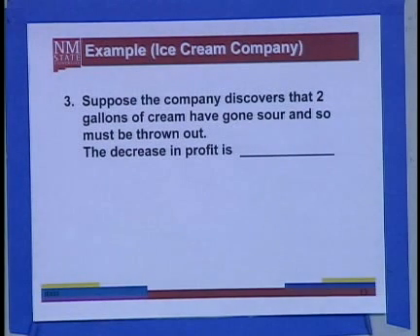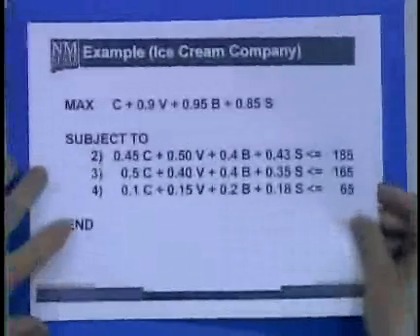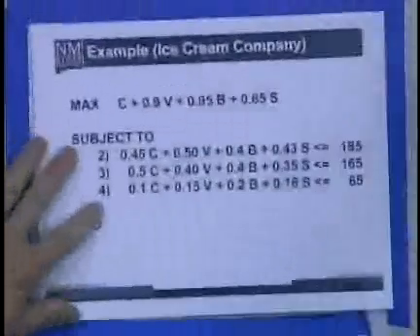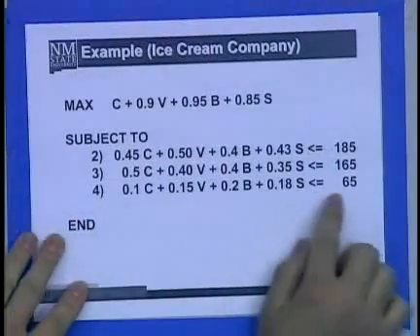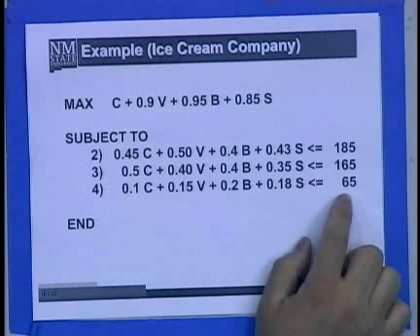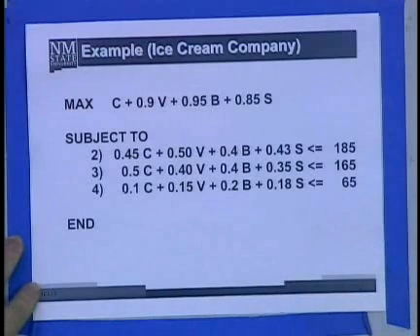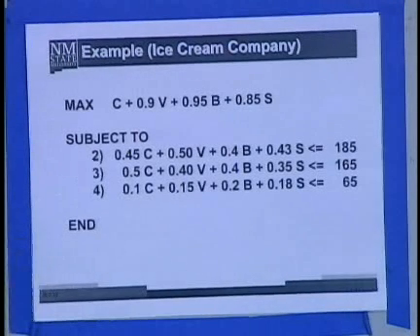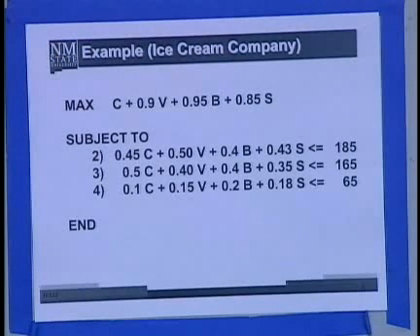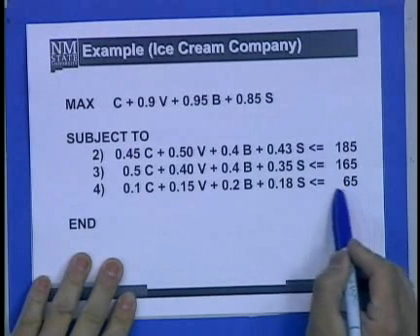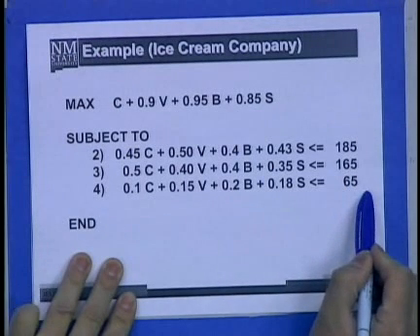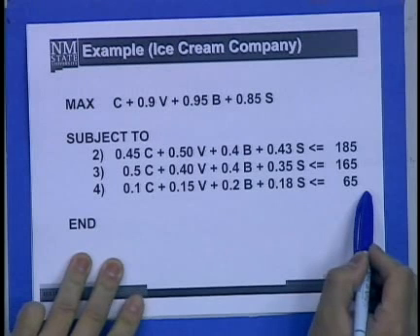However, 2 gallons of them must be thrown out, right? And here, row number 4, the last row, represents the cream resource constraint, right? So this question asks, what happens to the objective function value if the right-hand side value of 65 is decreased by 2 units? Is this correct?